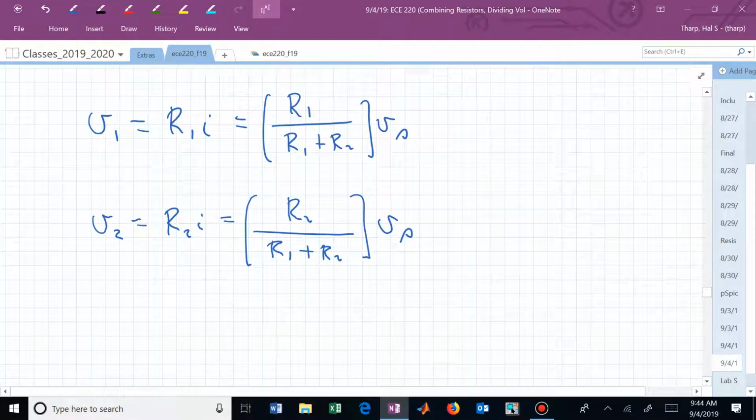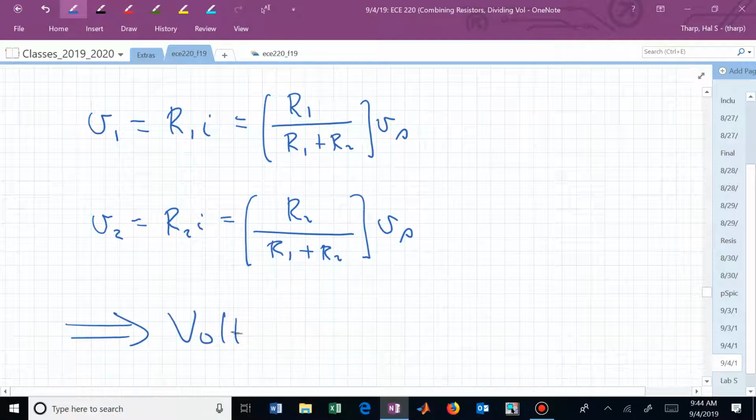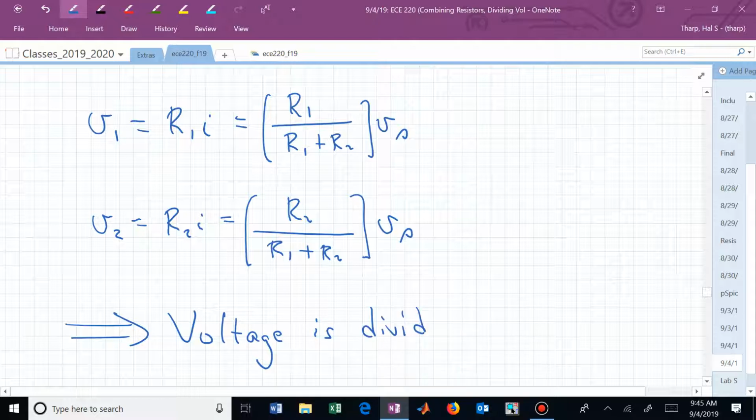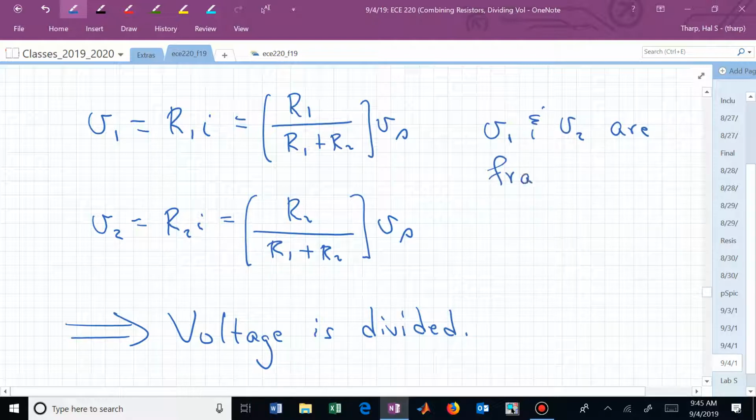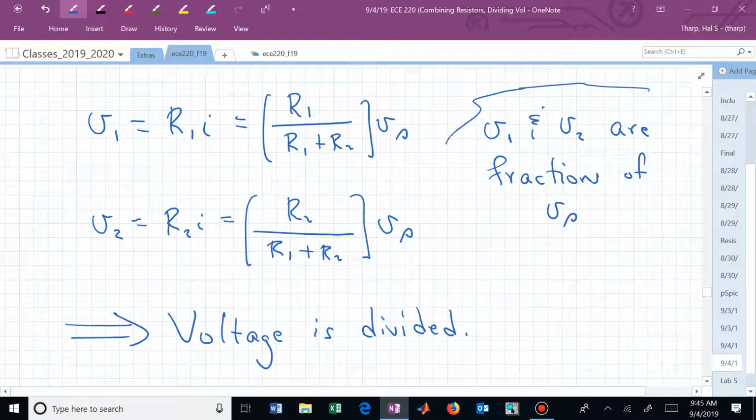And in these cases, voltage is divided, and V1 and V sub 2 are fractions of the total voltage V sub s.